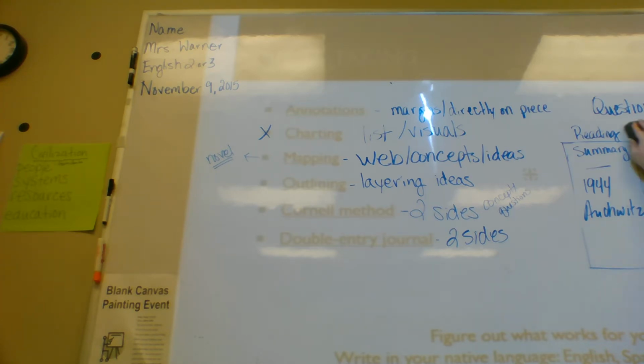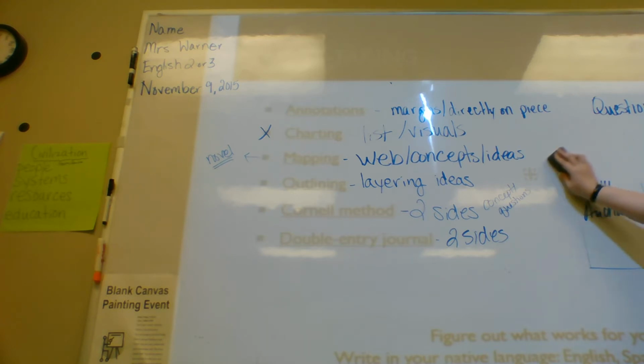Okay, so what I want to focus on now is what kind of stuff you put into one of these formats. Remember we talked before about questions. What other things do you think you need to write when you're taking notes? What type of information do you think you need to have? Good information. Okay, how do you know what's good information?